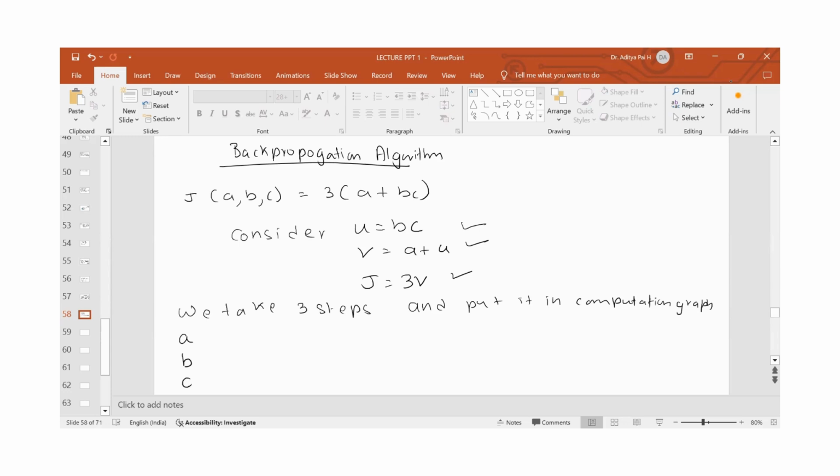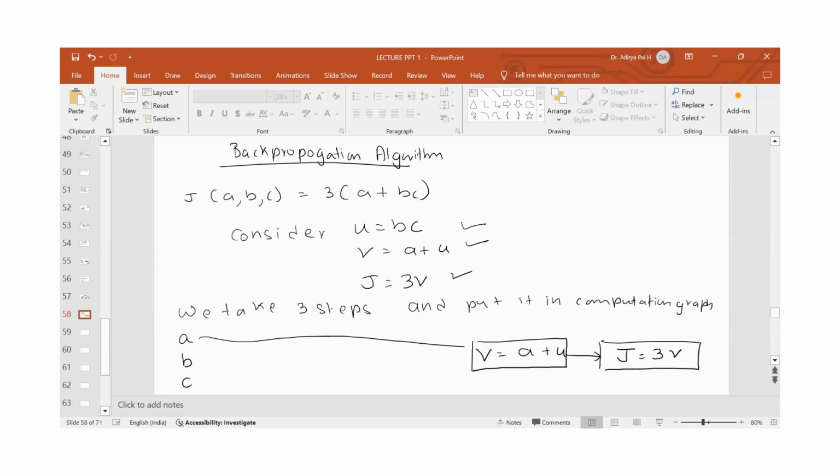Now, J is equal to 3V. So what is V here? V is equal to A plus U, where the input from A is given to this.